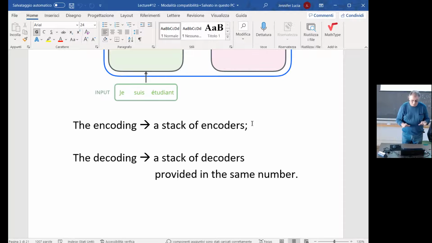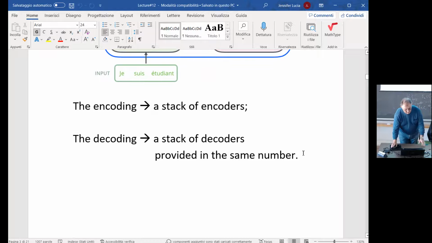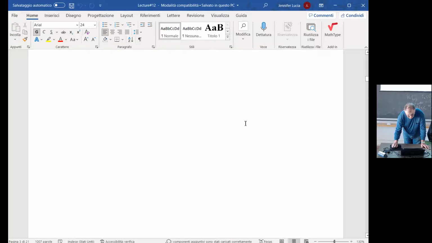Not important now what its architecture is, it can be anything we tell about our objectives. And the decoding also is a stack of decoders in the same quantity as encoders, usually 6 or 8 encoders and decoders, 6. The stack of decoders is provided in the same number.